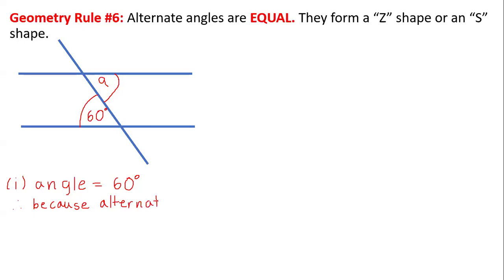Because alternate angles are equal. Now in the exam, you don't have to state the reason unless they ask you for it. But most times they don't ask for it. You just have to know it so you'll be able to identify it.